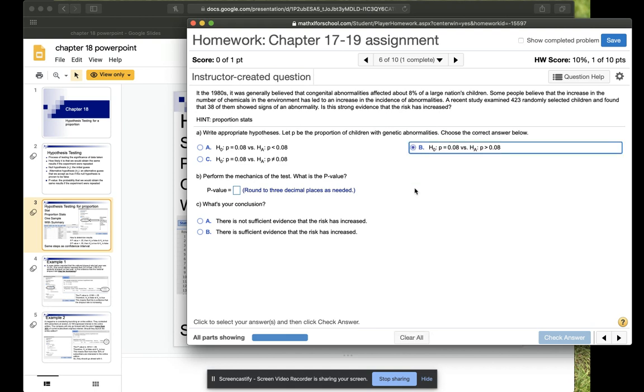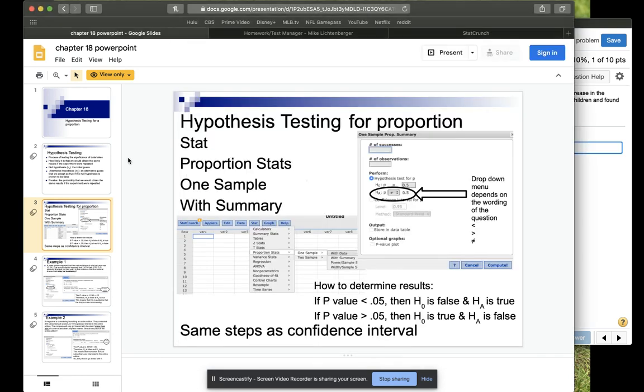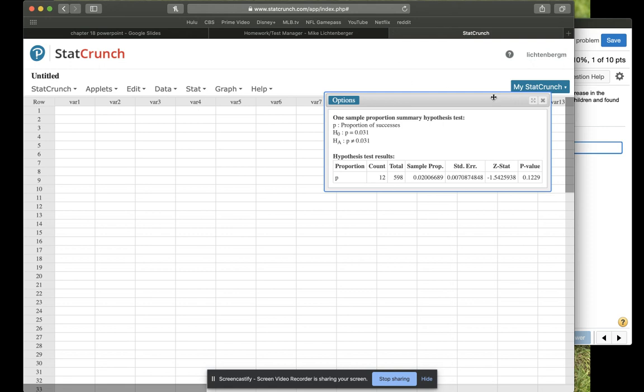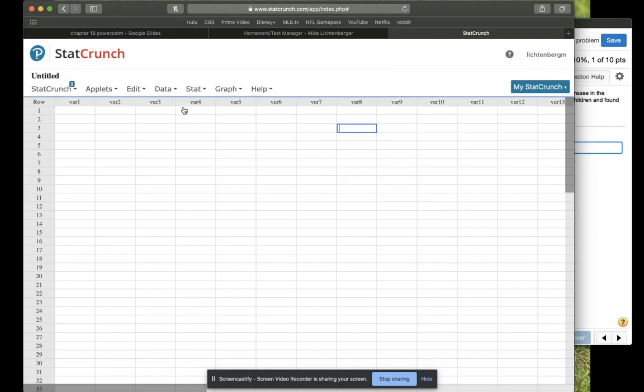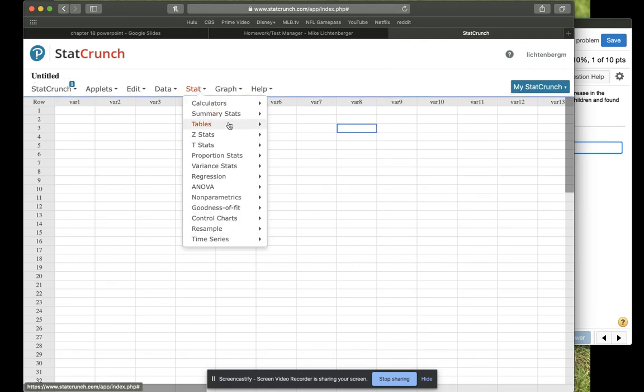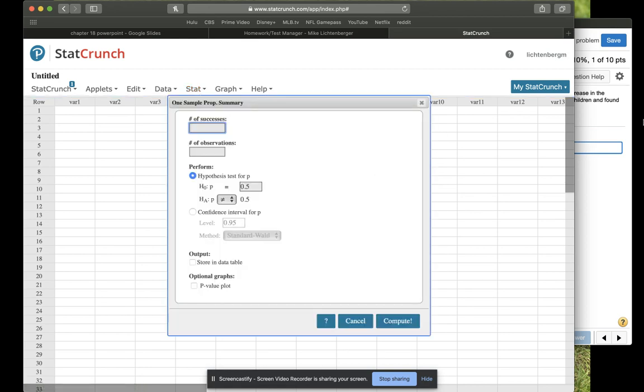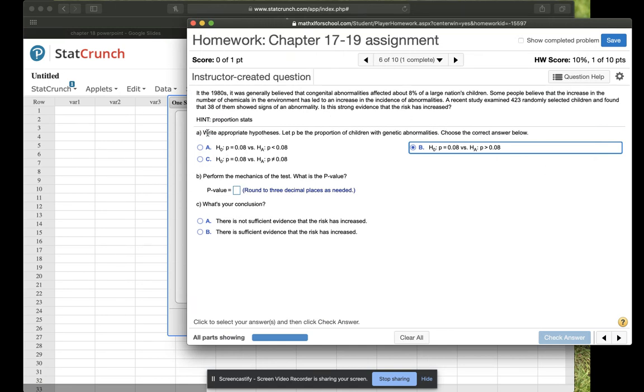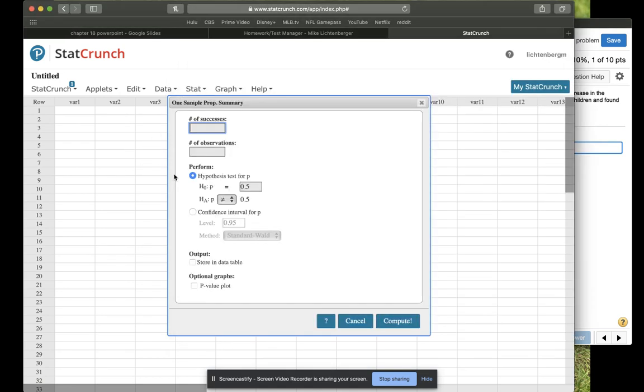Perform the mechanics of the test. What is the p-value? We're going to do the exact same thing again. So Stat, Proportion Stats, One Sample, With Summary. It was 38 out of 423.